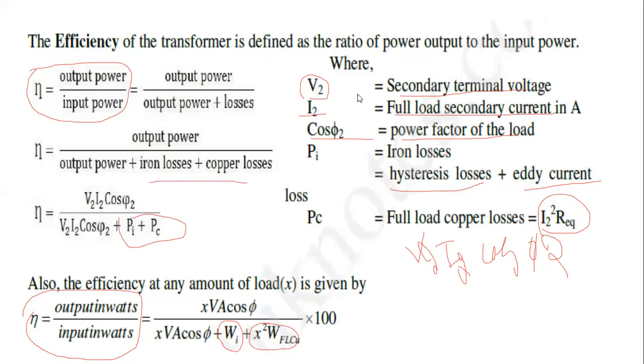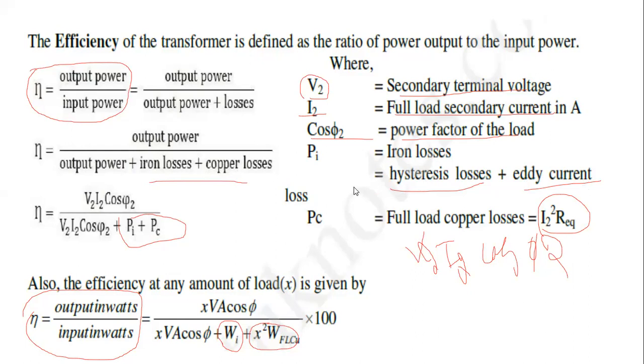In this case, V2 is the secondary terminal voltage, I2 is the full load secondary current, and cos phi 2 is the power factor. Pi is the iron losses. How many types of iron losses are there? Hysteresis losses and eddy current losses.